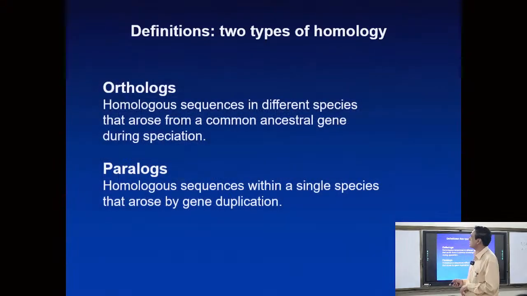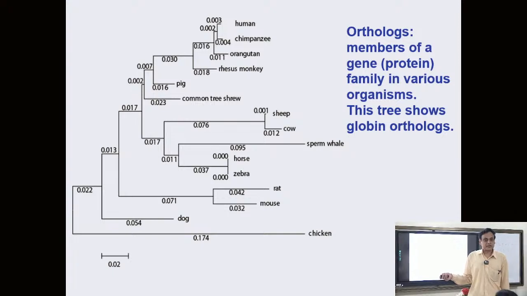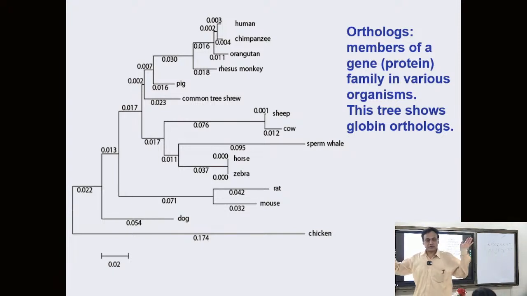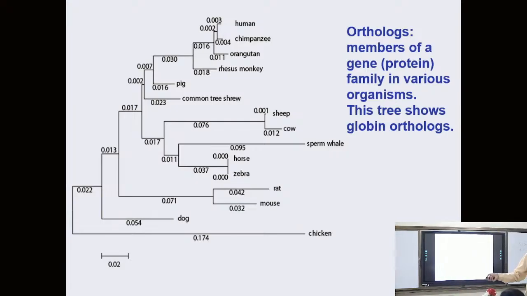Here, the first is an example of orthologs. Globin genes in different species originated and then diverged in different species because of speciation. So they are orthologs, globin orthologs in different species.